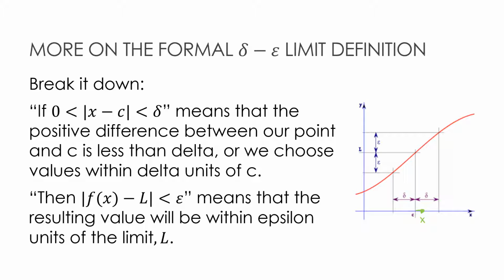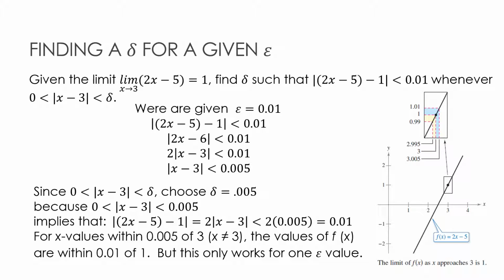So if that is true, then |f(x) - L| is less than epsilon means that the corresponding f of x value, which means I'm plugging in x, I'm getting out f of x, is within epsilon units of the limit L.